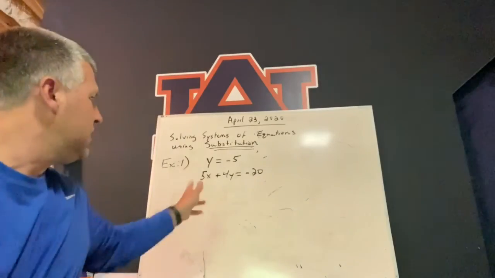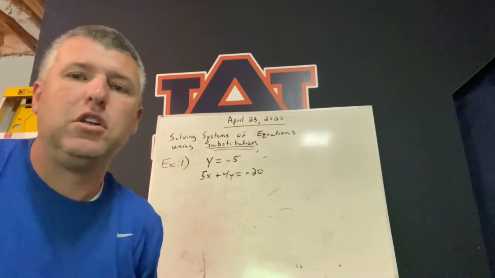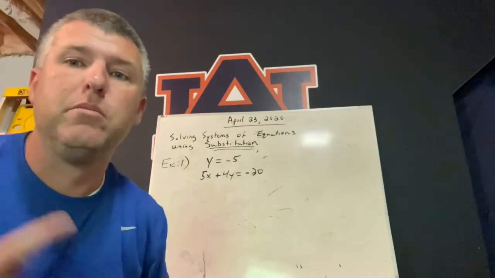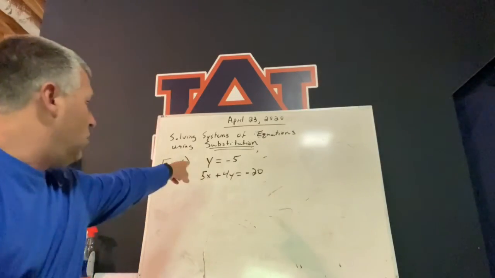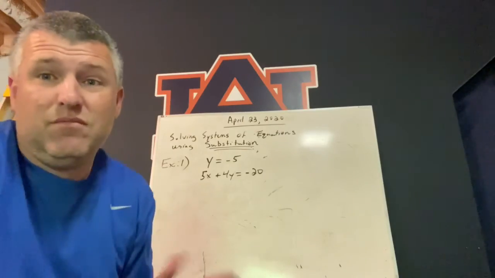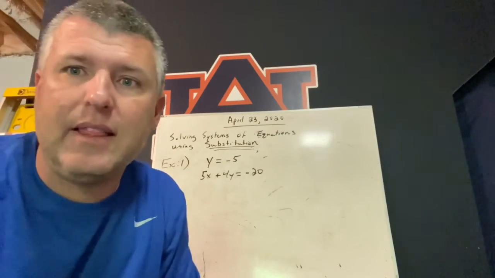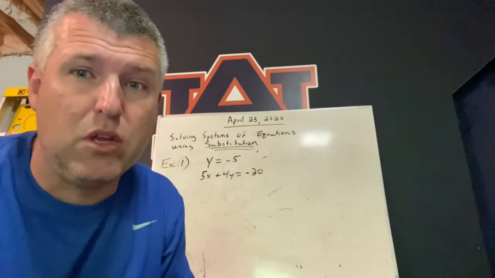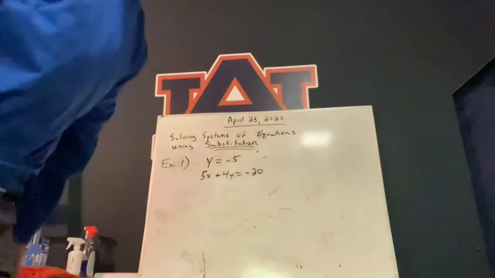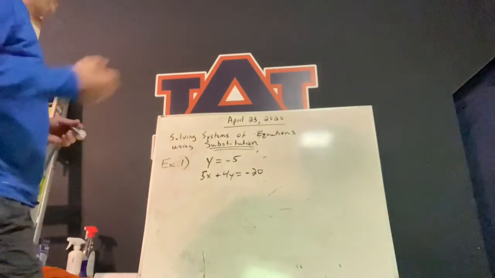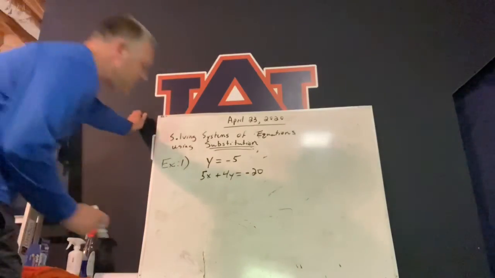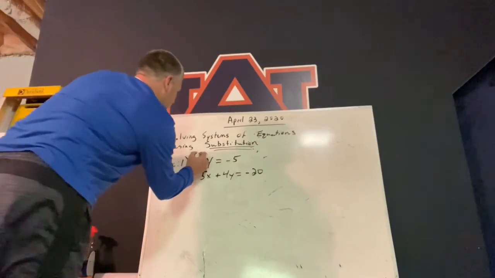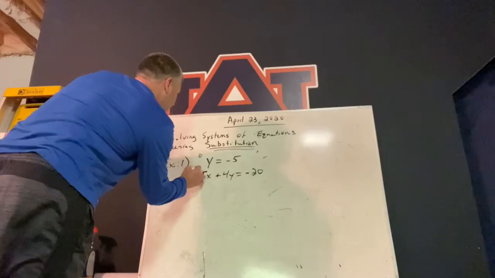Now, for this problem, why is this called substitution and why are we going to use it? Because remember, we're looking for x and we're looking for y. Look at this problem already. y is equal to -5. It's already told us. We already know what y is equal to. So what you're going to do is solve for x. How are we going to solve for x? We're going to substitute. I've got this first equation and the second equation.